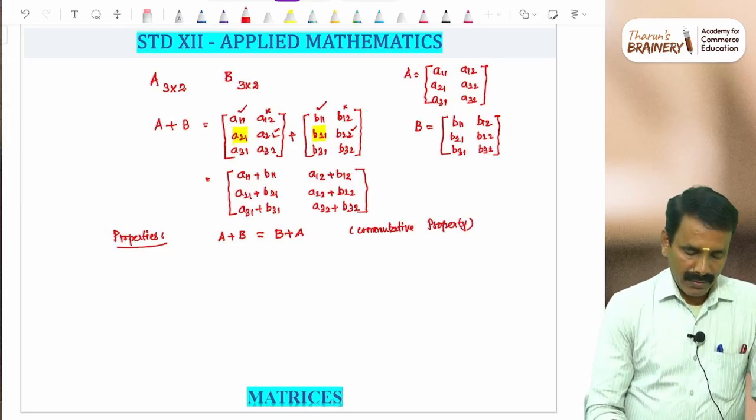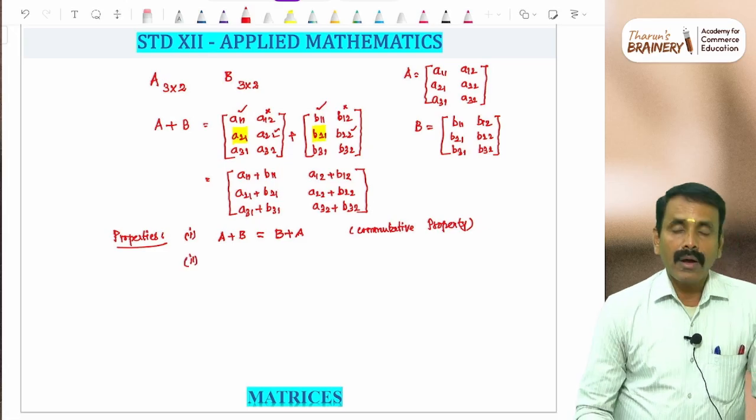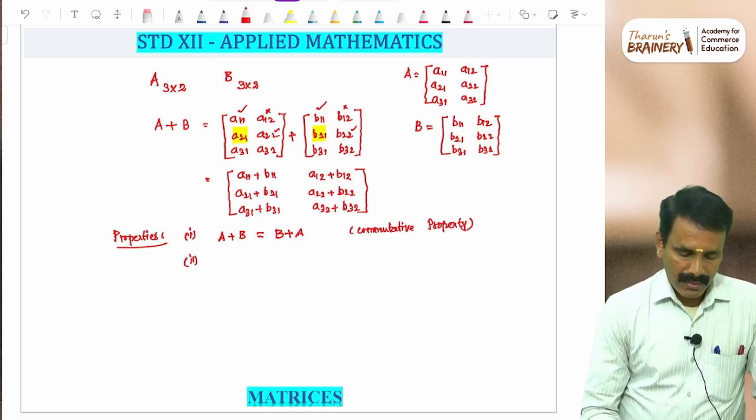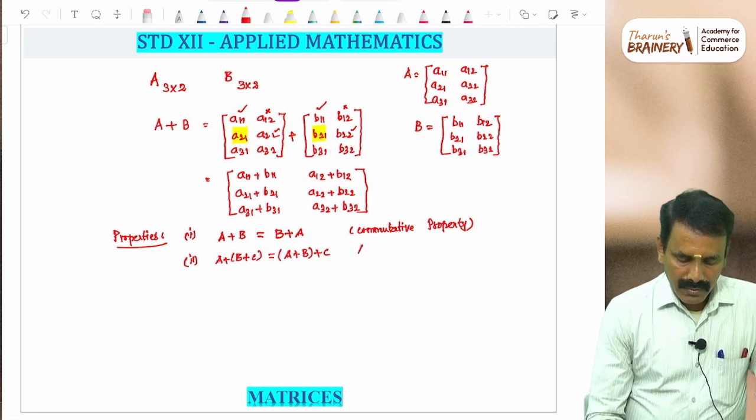Commutative property is the first property. The second one is the associative property. A plus of B plus C will be equal to A plus B plus C. This is called the associative property.